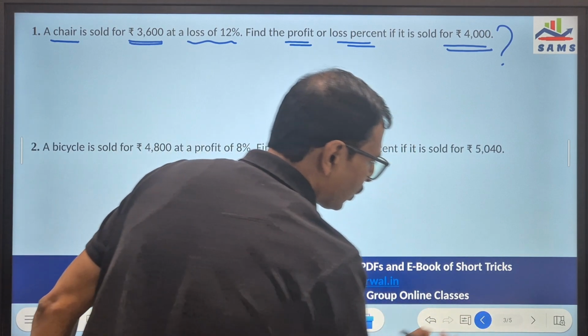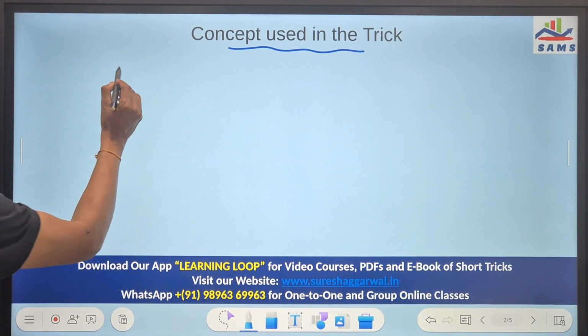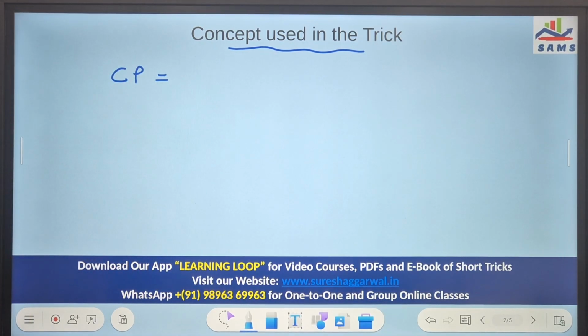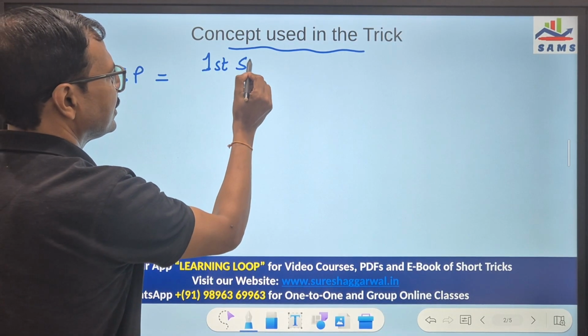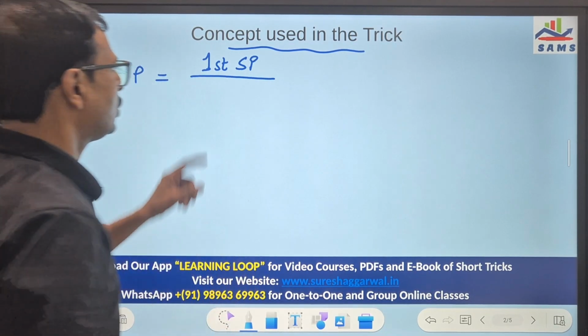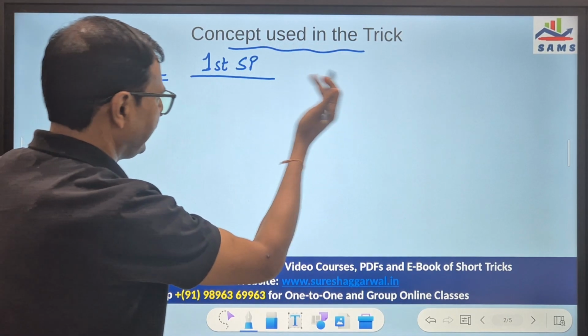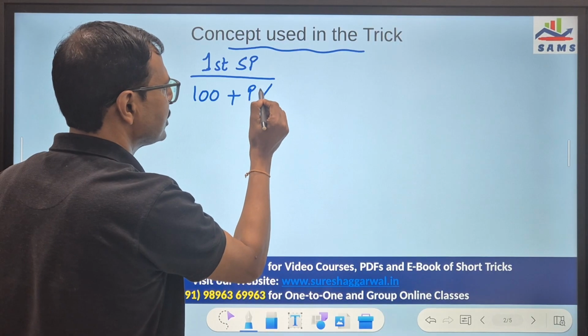Let's move on to the concept slide again. So first of all, I must know what is the cost price of the item, because I am only given the first selling price. It was sold at some price. So first selling price is given in the question and it incurred a profit. So 100 plus whatever profit percent was incurred.